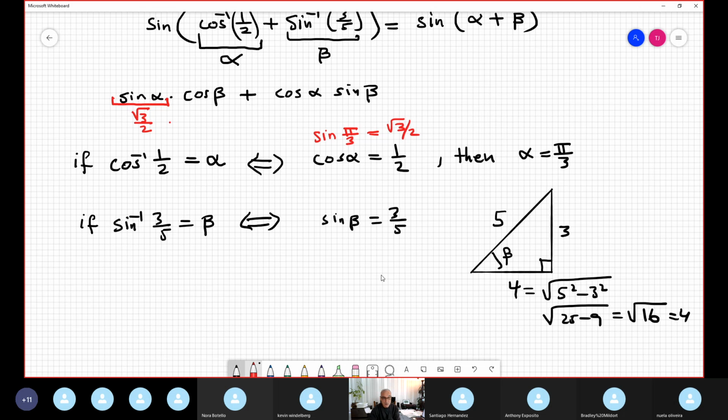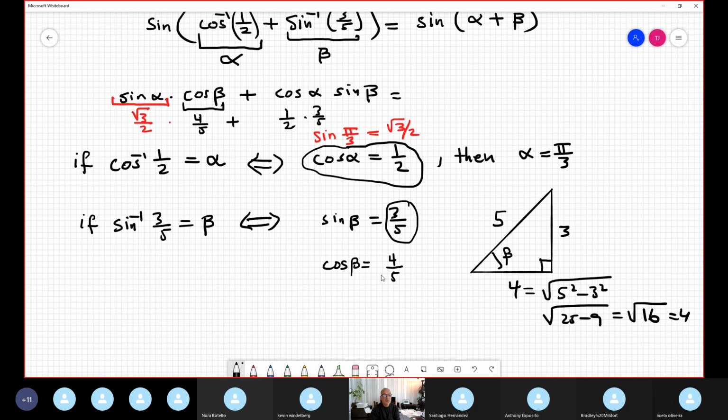Who is cosine beta? Oh, cosine beta, I know the sine, but cosine no. Cosine by definition is adjacent over hypotenuse, 4/5. Multiplication, this guy is 4/5. Plus cosine alpha. Well, cosine alpha I have at the beginning, 1/2, times sine beta I have 3/5.